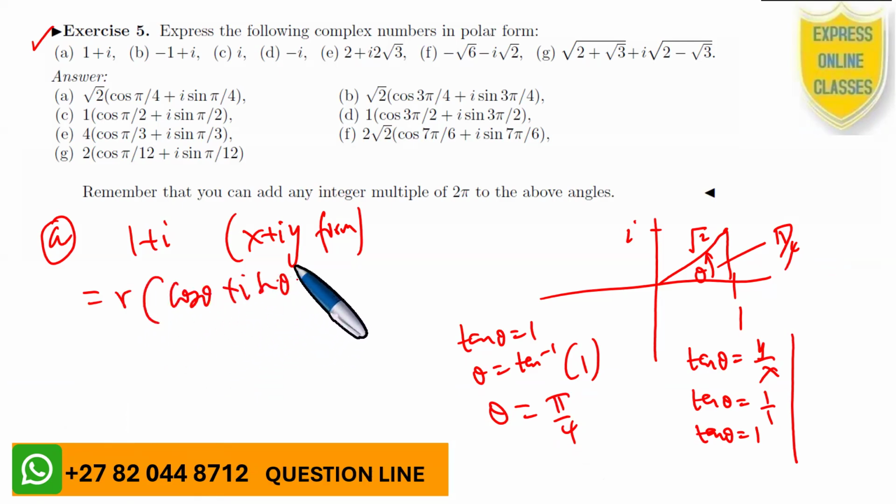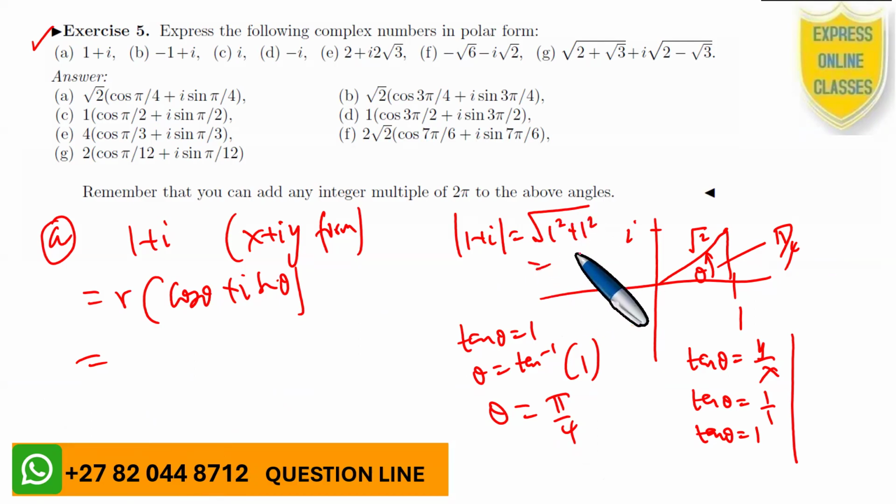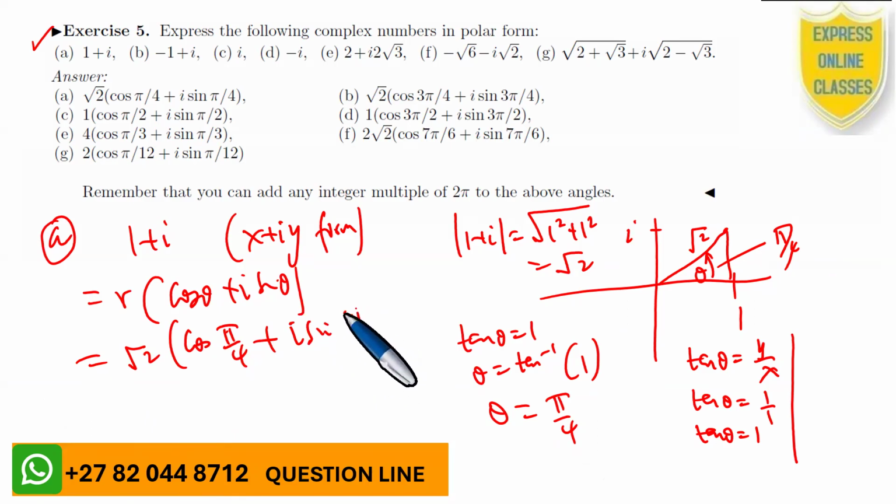So this is r cosine theta plus i sine theta. r becomes the modulus of the number, which is 1 squared plus 1 squared, which is the square root of 2. And then you have the cosine of pi over 4 plus i sine of pi over 4.